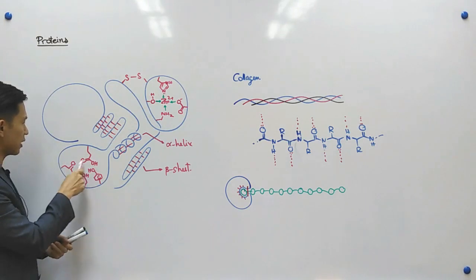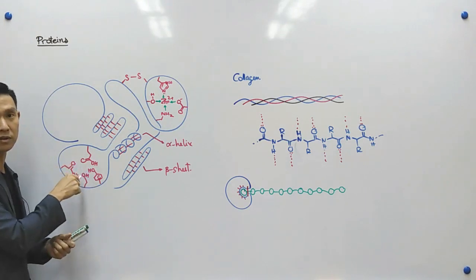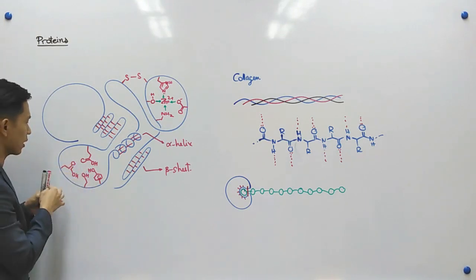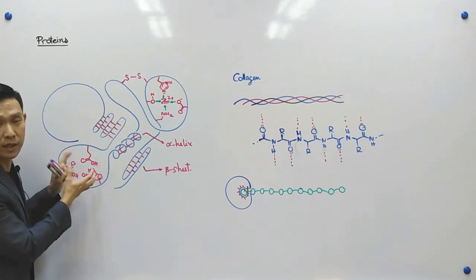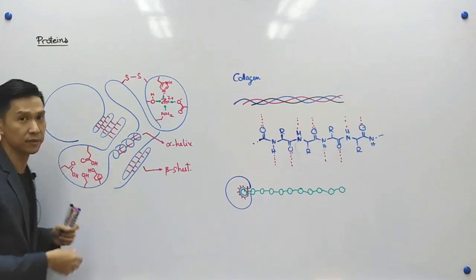All of these can construct hydrogen bonds together. So the side chains are wrapped up together using hydrogen bonding.